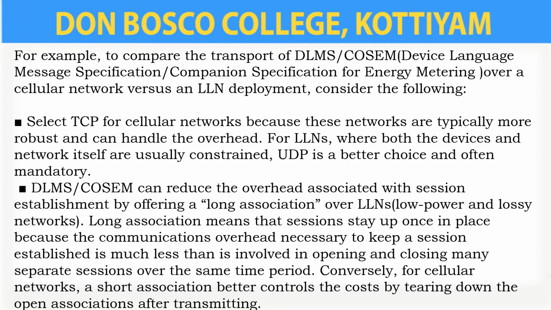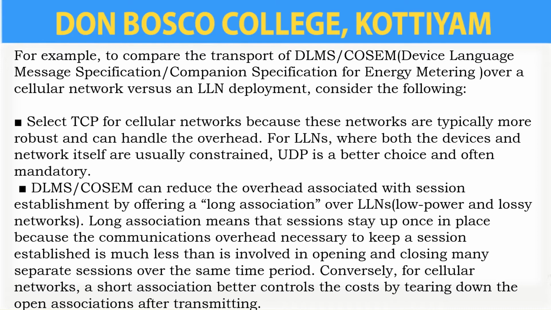Now we can compare the two standard or global protocols for transferring data from source to destination, that is the Device Language Message Specification or Companion Specification for Energy Metering, and LLN. LLN means low power and lossy networks. When we take these two global standards into account, we have to consider certain things.